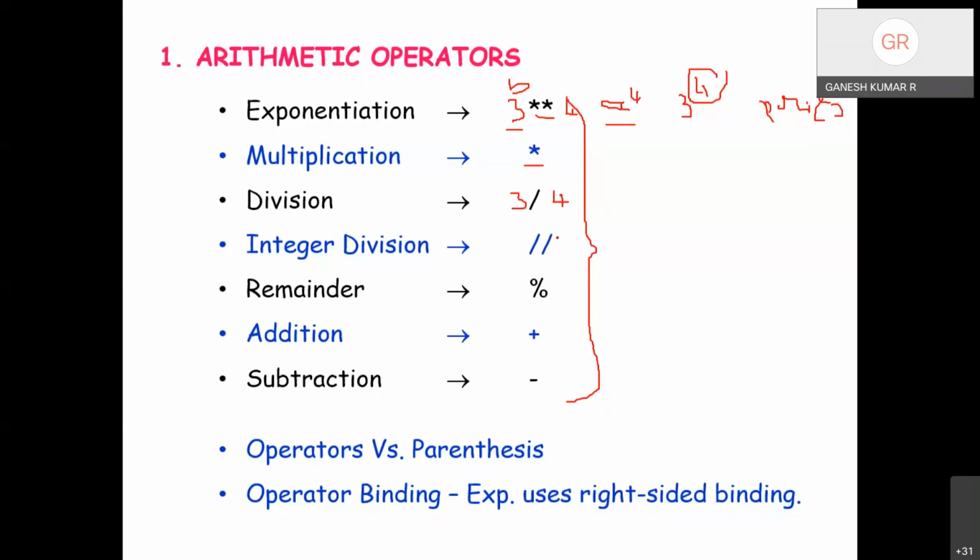And we have a special kind of division operator called double slash, which is an integer division operator. It differs from the standard operator in two ways. First, a conventional slash results in the integer part and the fractional part, whereas integer division removes the fractional part.